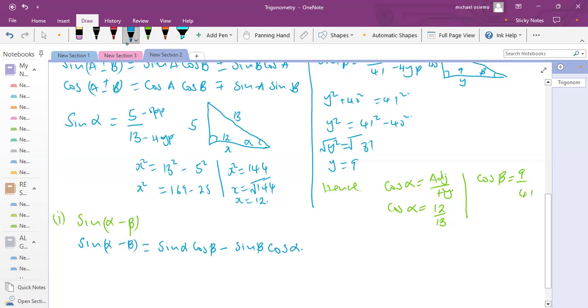Yes. Our sine alpha is equal to 5/13, times cos beta, which is equal to 9/41, minus sine beta, which is equal to 40/41, times cos alpha, which is equal to 12/13.